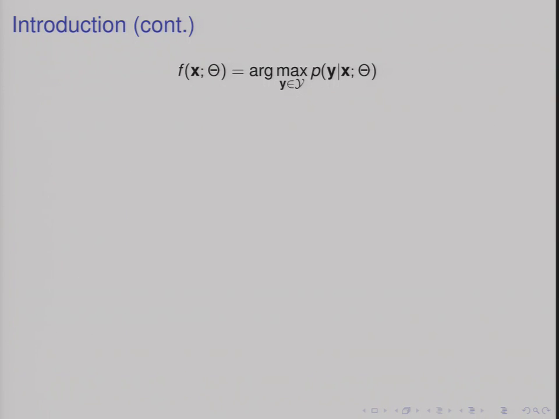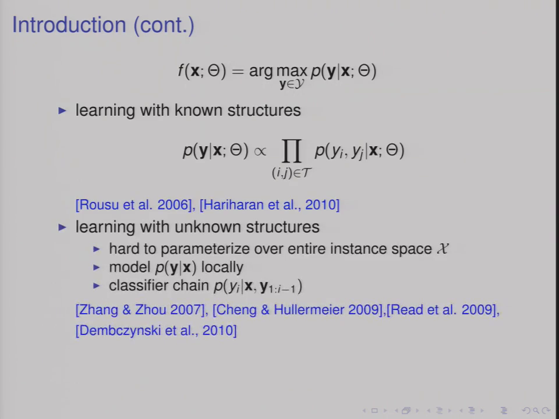The optimal decision function should be optimization over the conditional probability p(y|x). So it is natural to do MLC by directly modeling the conditional probability. If we know the correlation structure between labels, for example if the correlation between labels spans a tree structure, then we can decompose the conditional probability into this product.